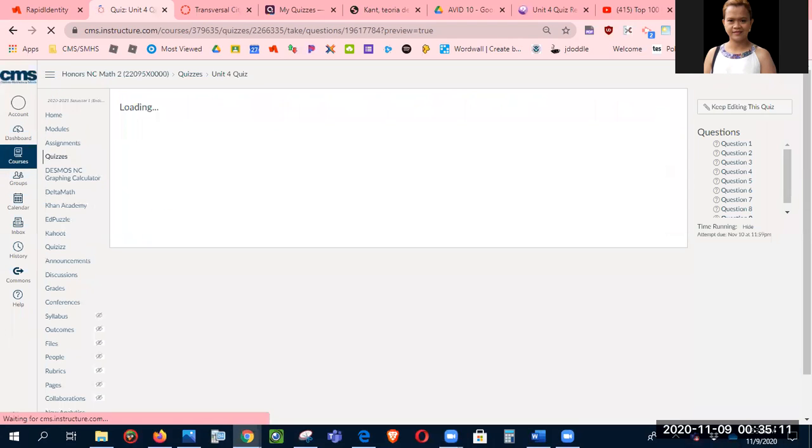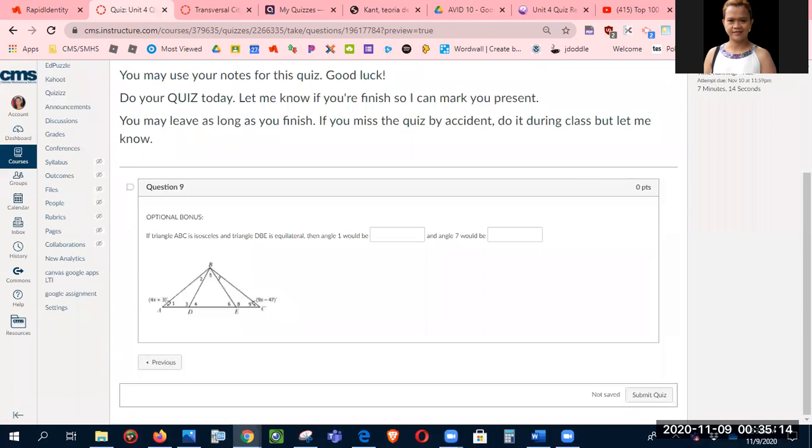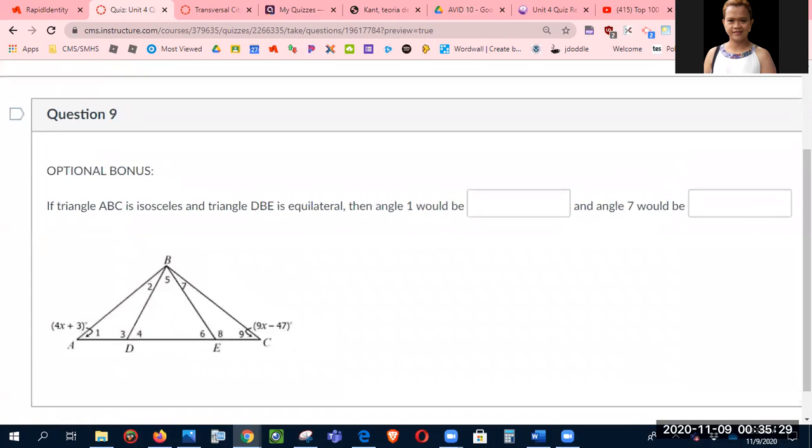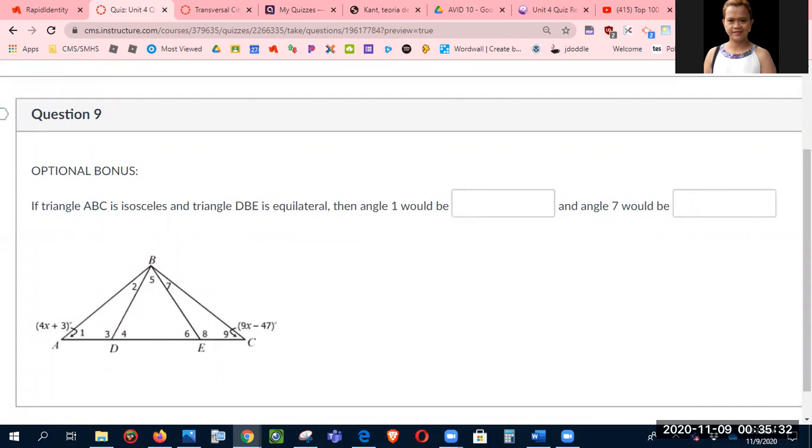Next, number 9. This is an optional bonus. If triangle ABC is isosceles and triangle DBE is an equilateral triangle, then angle 1 would be... I did not pay attention again. If triangle ABC is isosceles and triangle DBE is equilateral, okay, I got it.